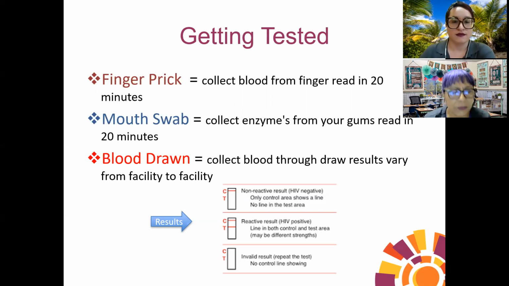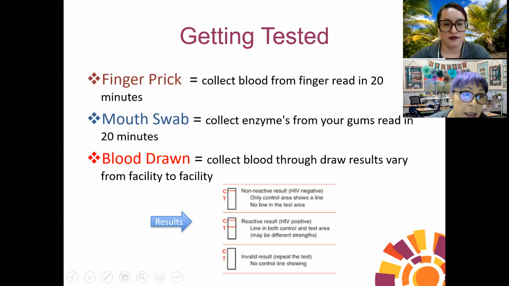How does a person get a false positive? Well, if you go to the doctor to do a test soon after you had a virus, or if you have a virus, then it's going to show up as positive. That's why sometimes they have to do more tests to assure themselves that it wasn't a false positive. And if you have no lines at all, that means it was an invalid result, meaning they didn't get enough product to do the test. So you'll have to go back and do it again.